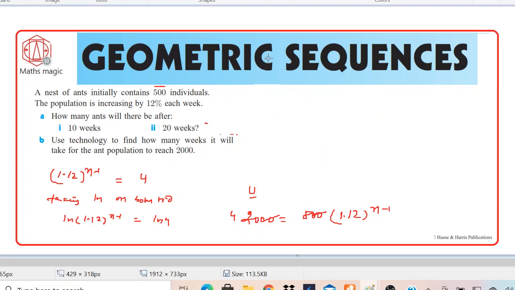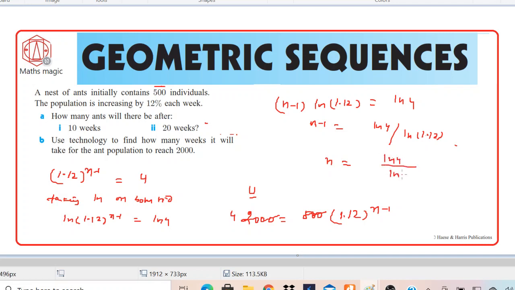So this becomes n minus 1 times ln 1.12 is equal to ln 4, and then n minus 1 is equal to ln 4 divided by ln 1.12, and n is equal to ln 4 divided by ln 1.12 plus 1.